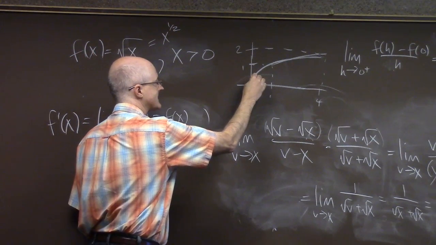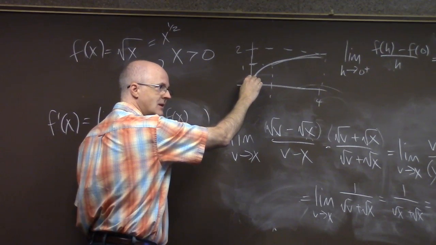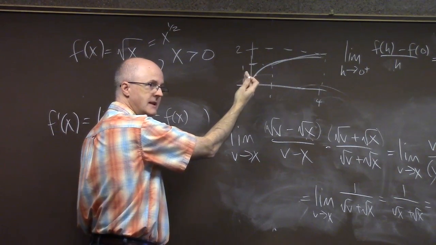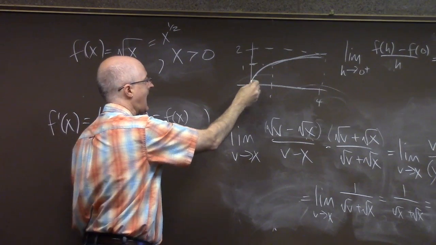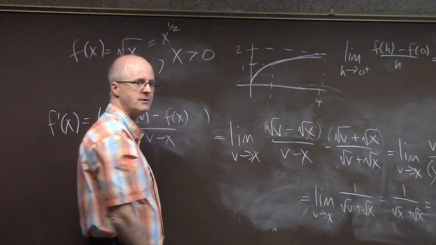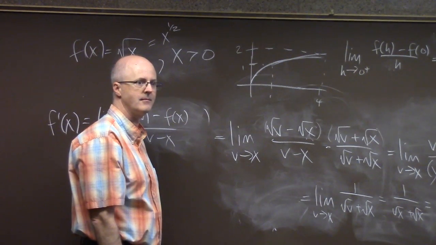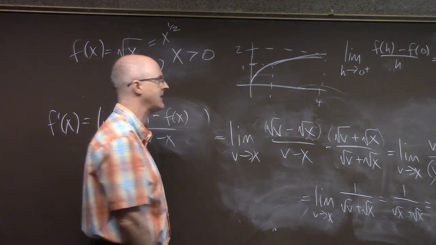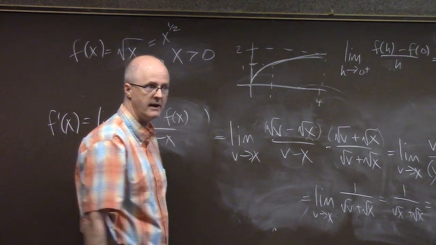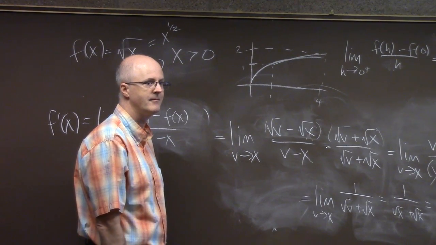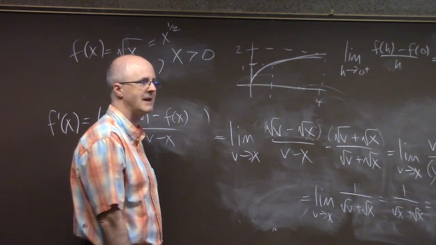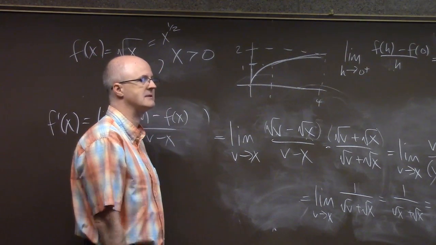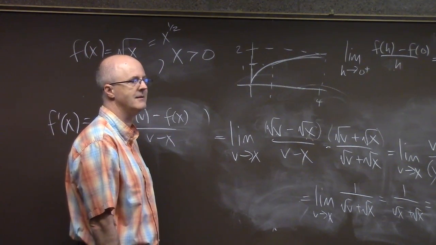And the slopes of the tangent lines approach infinity as you get closer and closer to the origin. If you consider there to be a one-sided tangent line at the origin, it would be a vertical one, which has undefined slope. You might say the slope's infinity, but for us, we'll say undefined.